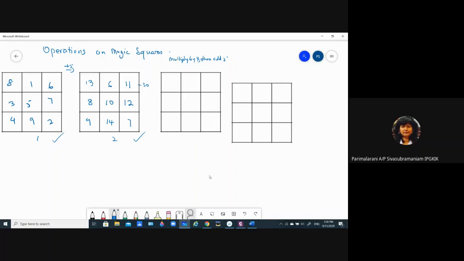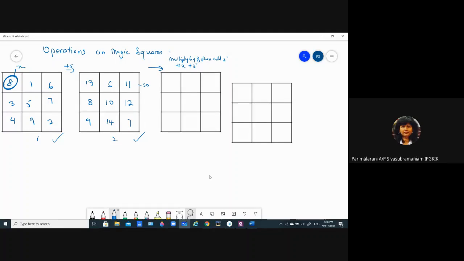In other words, supposing this entry is represented by x, we can also say we want to do 4x plus 5. Correct? This is the operation that we want to do. We want to multiply by 4, then add 5.